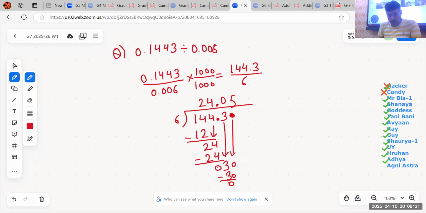Show me your notebook. I want to see your notebook. Adya, show me your notebook. Do it like this and show me. Can you remove the virtual background? Yes, sir. Okay, very good beta. Fine, okay.